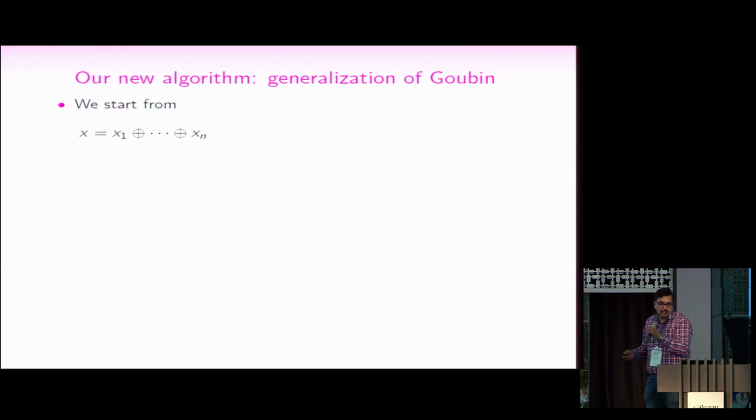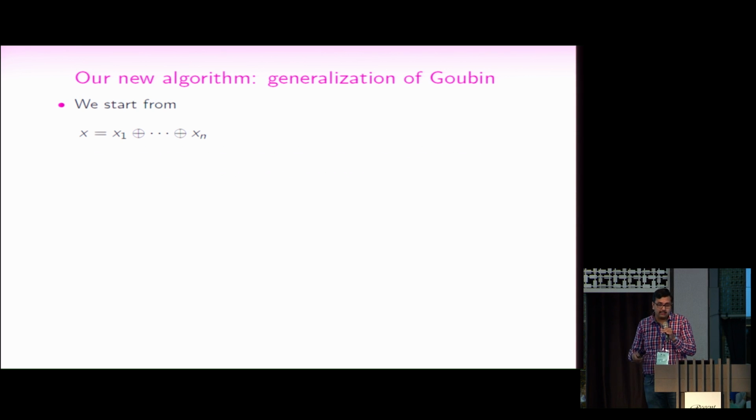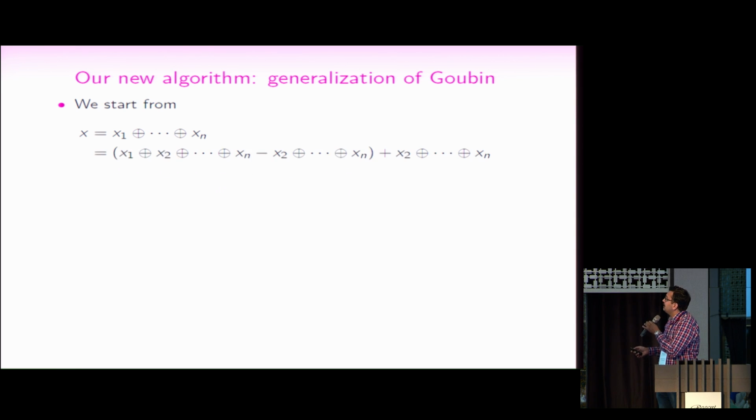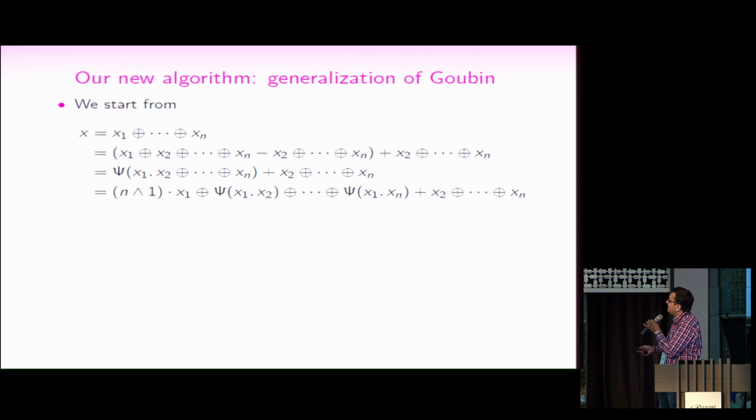The proposed algorithm of the author is a generalization of the first order algorithm by Goubin. Here, instead of two shares, we have n shares. We modular subtract and add the XOR of all but the first share, and then again from the definition of the same function psi we can write it like this.